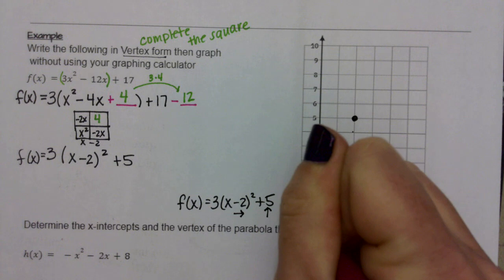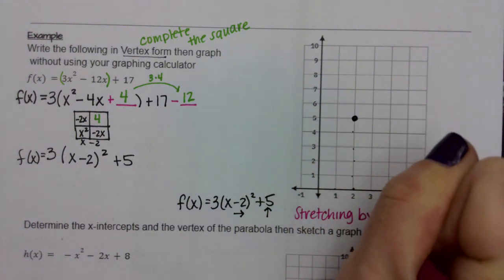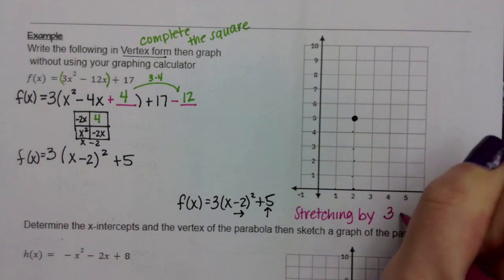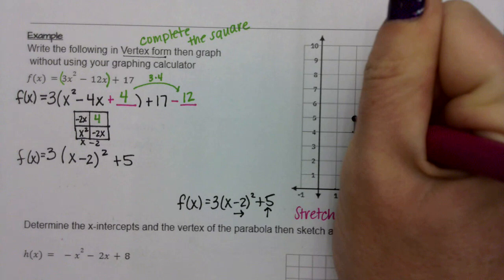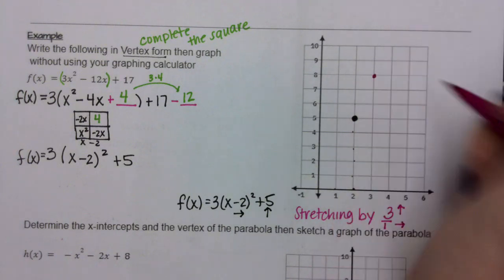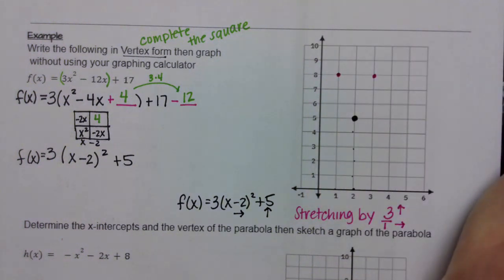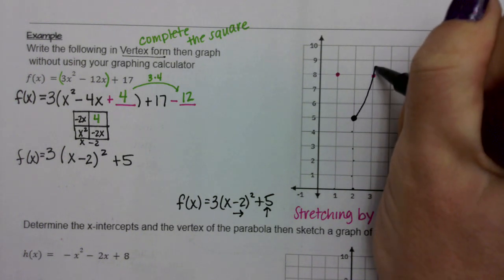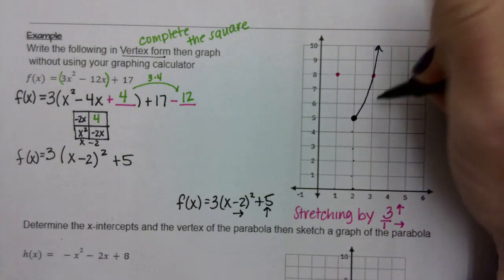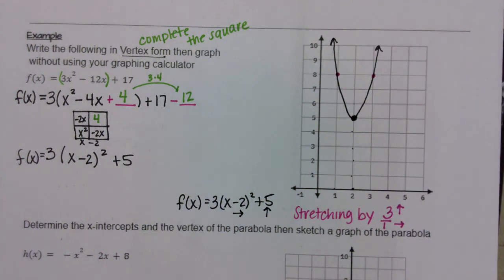So I'm stretching by 3, which means I'm going to go up 3, 1 to the right from this point. So 1, 2, 3, 1 to the right. And then because it's a U, I have to go the opposite way. So 1, 2, 3 up to the left. And now I have my parabola. Make sure you make it a U, not a V, because it's a U, not a V.